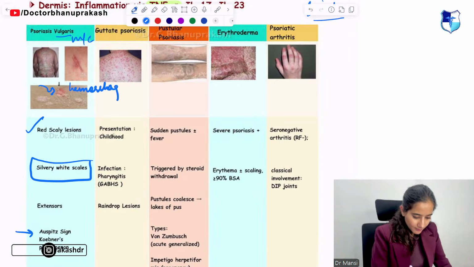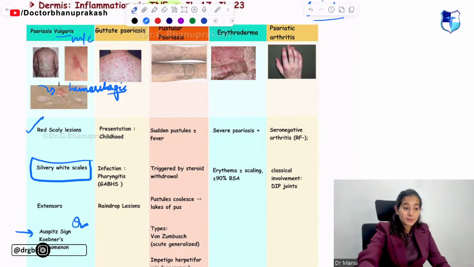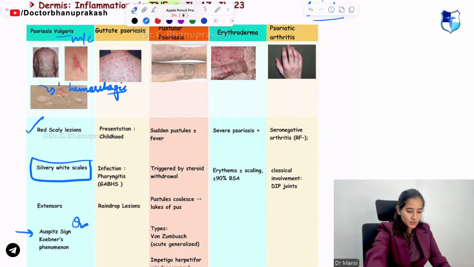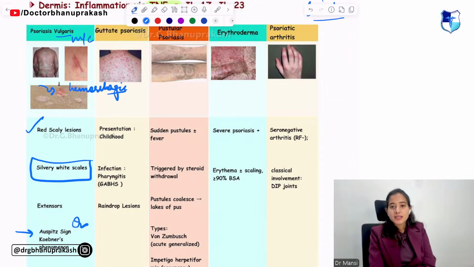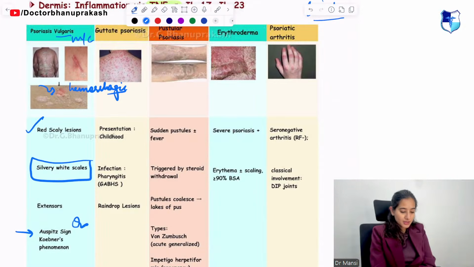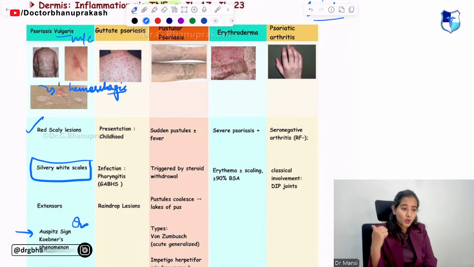This is what is called the Auspitz sign, which is present in psoriasis vulgaris. This is something you have to remember, and all your extensor surfaces are involved. Auspitz sign is positive in psoriasis vulgaris, and Koebner's phenomenon is also there.